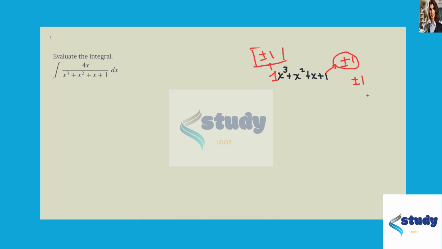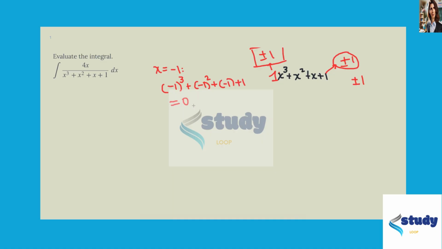rational number solutions. In this case, if we plug in x equals minus 1 into the polynomial, you get negative 1 cubed, which is minus 1, negative 1 squared, which is 1, so those cancel, plus x, which is negative 1, and plus 1, so those cancel out, and we get 0.